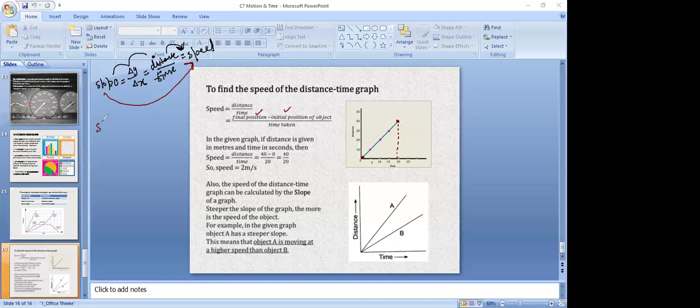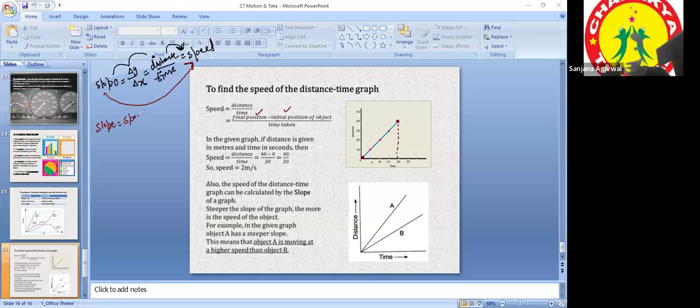Is it okay? So simply write the formula, slope equals speed. Write this also for extra information. Slope equals speed equals final position. I'm writing FP. You can write final value of distance, anything as per your convenience, you can note down.